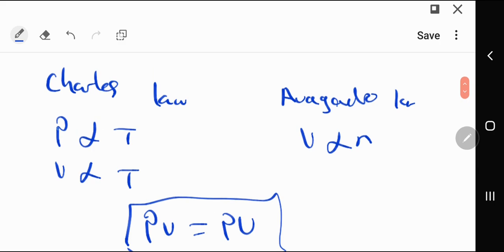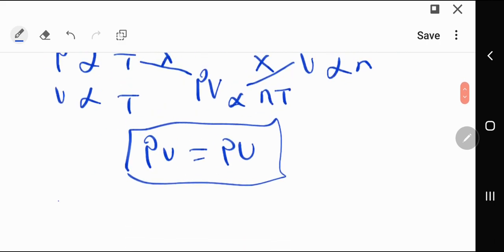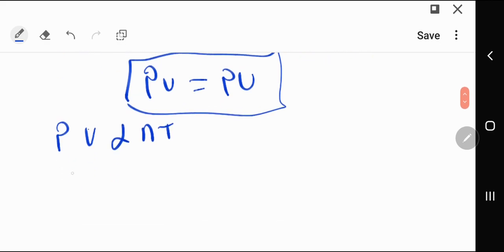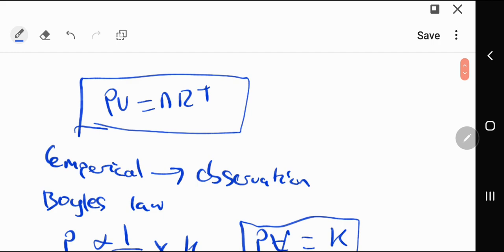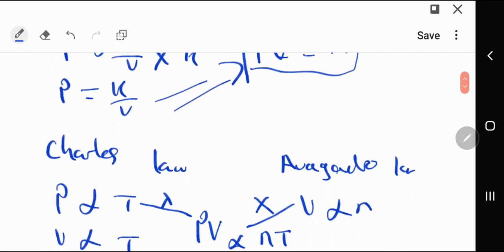To get PV, I multiply these together, and we get PV proportional to nT. If I multiply by a constant, let's call it R, this will become equal. PV is equal to nRT. And this is our perfect gas equation, the equation of state of a perfect gas.